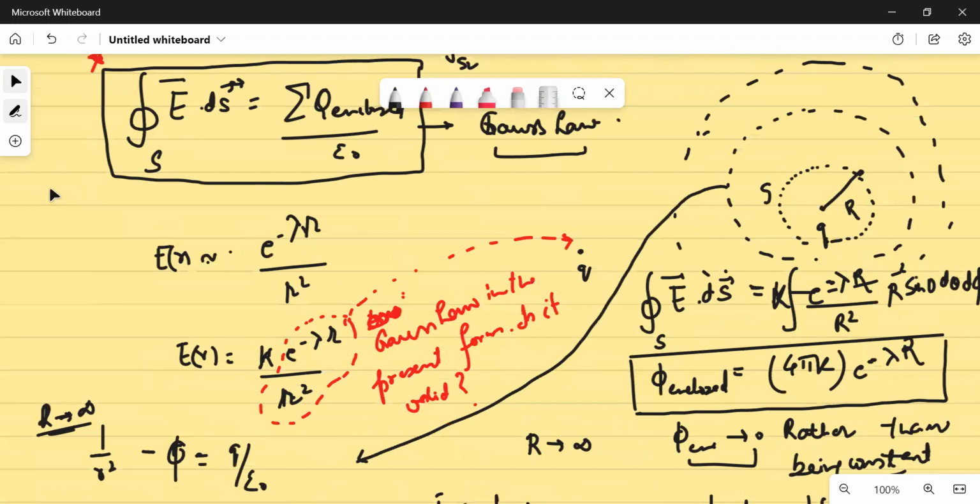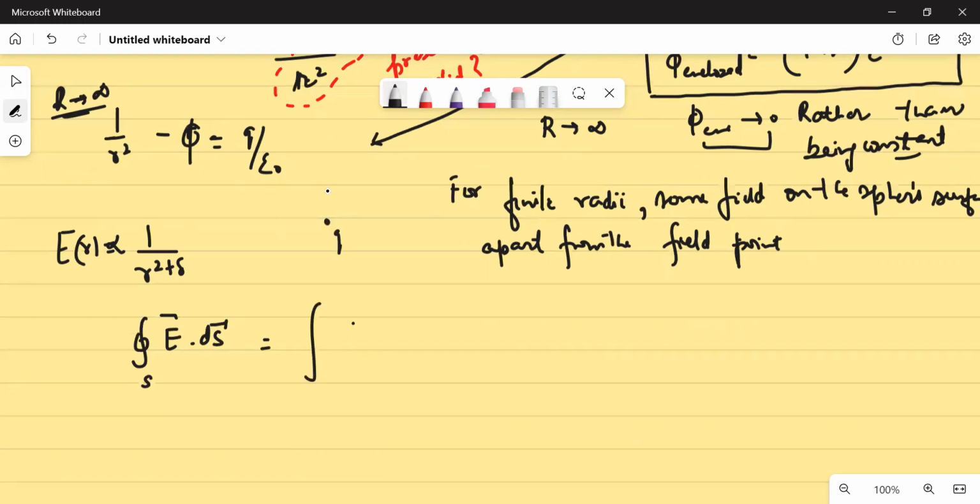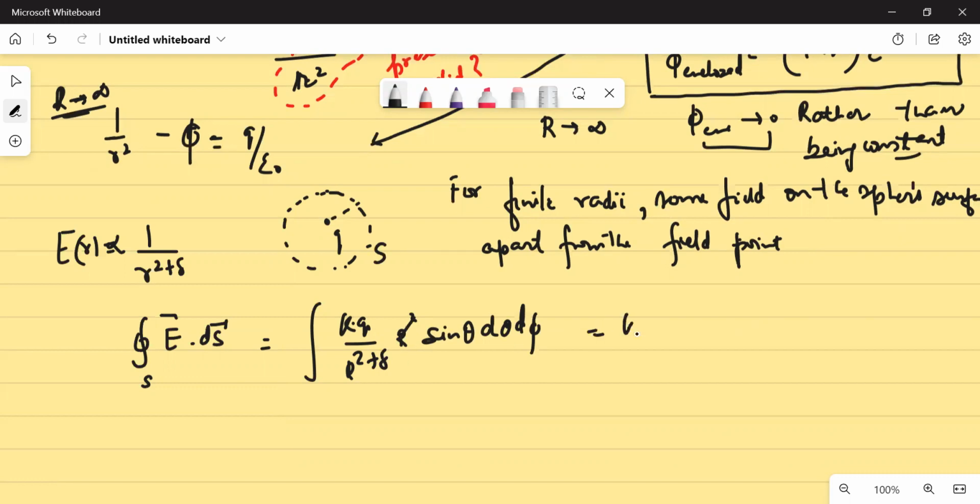The answer is no. I will discuss all these things in detail also, but just giving you an insight. For example, if your electric field was dependent upon 1 upon r to the power 2 plus del, then also you can see that your net flux enclosed through a surface S, let's say for simplicity a spherical surface so that calculations remain easy, is given by K Q upon R to the power del, and there should be a 4 pi here.